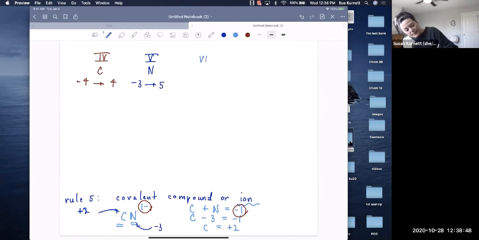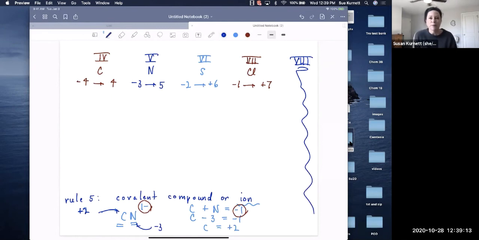Group 6, not oxygen, but below oxygen is sulfur. Sulfide would be -2, and the group number is +6. Those are the range of possibilities for anything in group 6, any nonmetal in group 6. Group 7, like chloride, could be -1, up to +7, the group number. Things in group 8, they aren't going to do this. They're too stable.